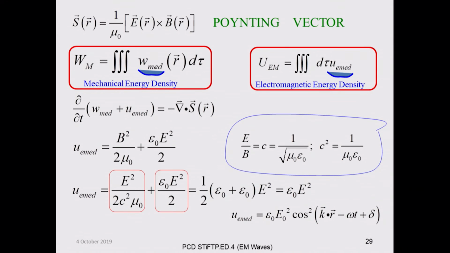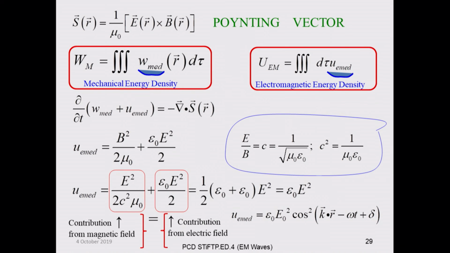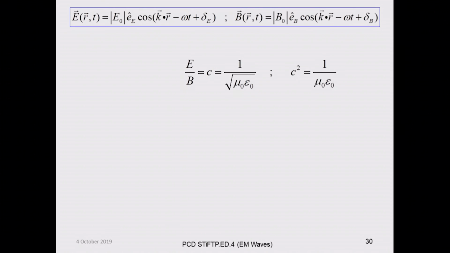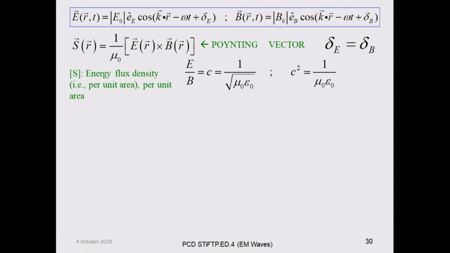So this is the expression for the electromagnetic energy density, and it sums up the contributions from both the magnetic and electrical parts.